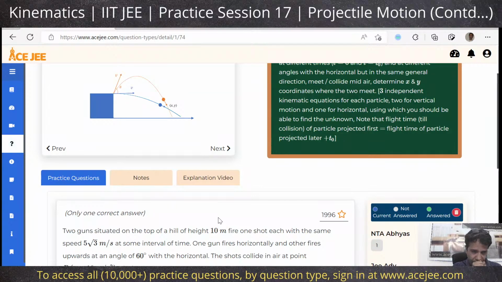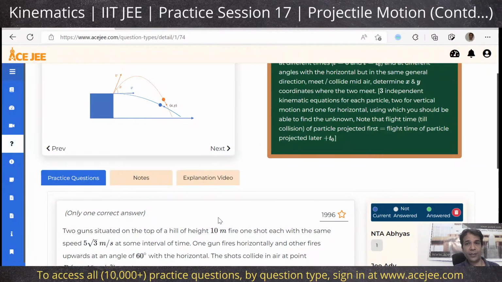So if you write down the equation of trajectory for both and substitute xc and yc in each, you'll get two equations in two unknowns, xc and yc. So you should be able to solve for the point at which the two projectiles will meet.